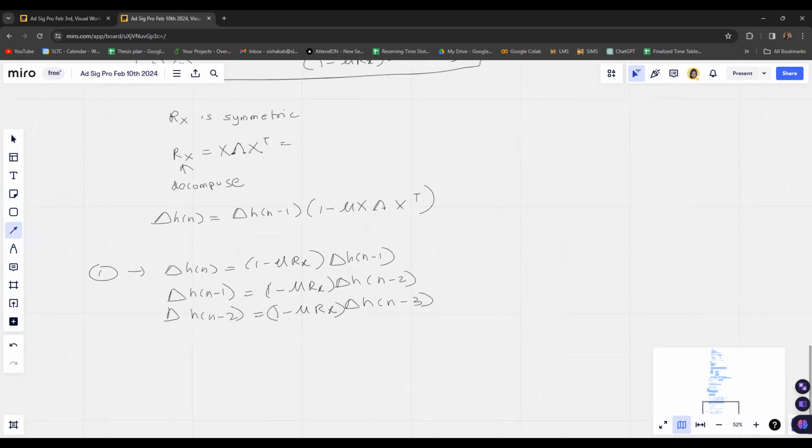So I can write that using this method, where I denote the delta Hn as a power n of 1 minus mu Rx, and then multiply with delta H 0.